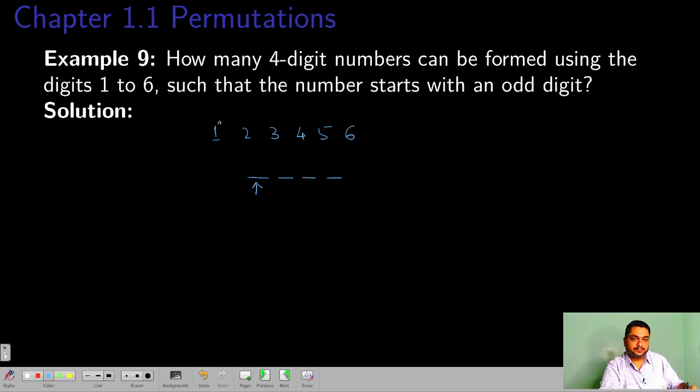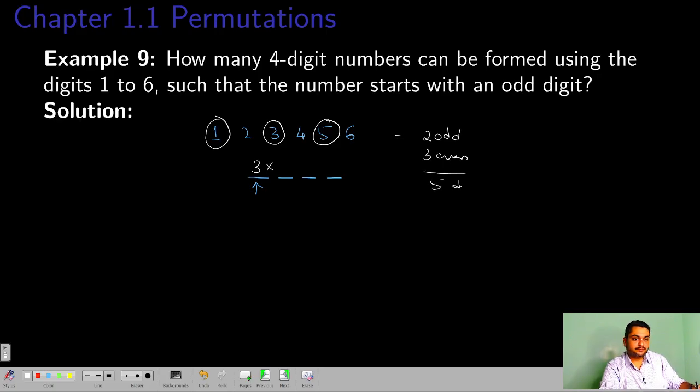Which are the odd numbers? Okay, you see here, 1, 3, and 5 are the odd numbers. That means this place can be filled in 3 ways, right? Now, left out are how many? One odd number is taken, which I don't know, but 2 odd numbers are left out and 3 even numbers are left out.